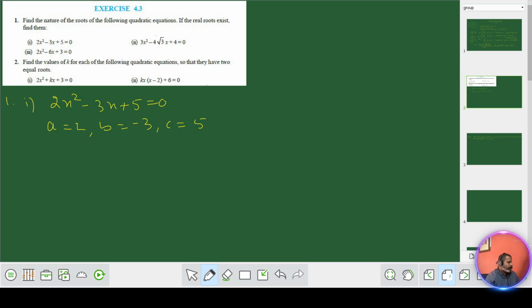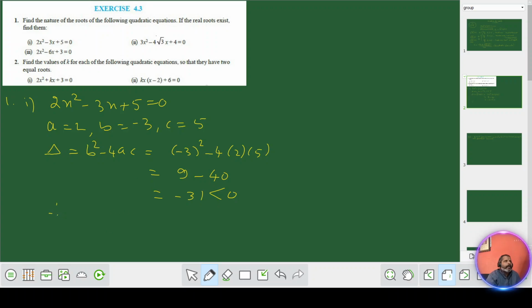Okay. Then find the discriminant b square minus 4ac. That is, minus 3 whole square minus 4 of 2 of 5, 9 minus 40, which is minus 31, less than 0.